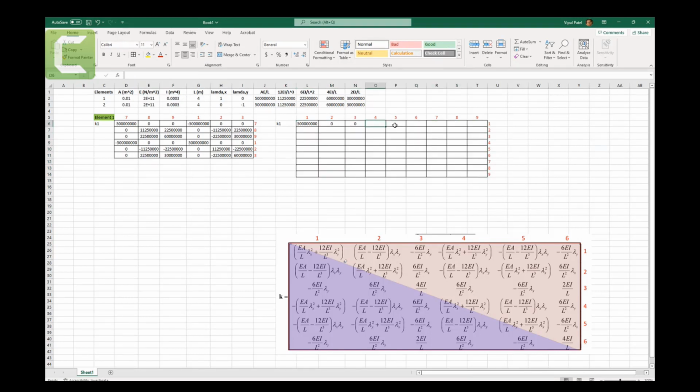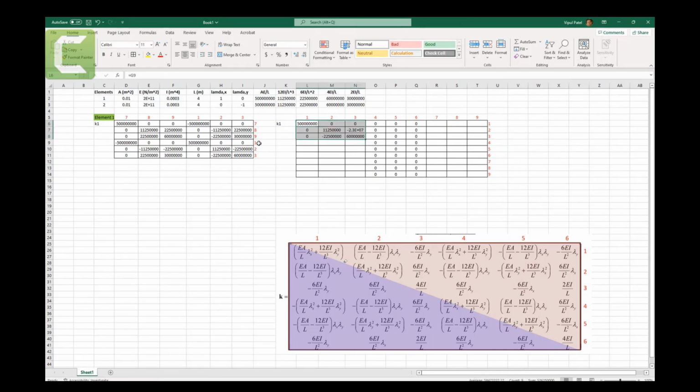Now 4, 5, and 6 are 0 because there are no columns for that. So that is all good. 4, 5, 6 are 0. We can drag it down here. 4, 5, 6 is 0. That is perfect. And I think this one also needs to be up to 3, right?